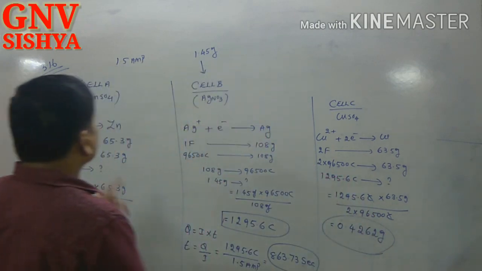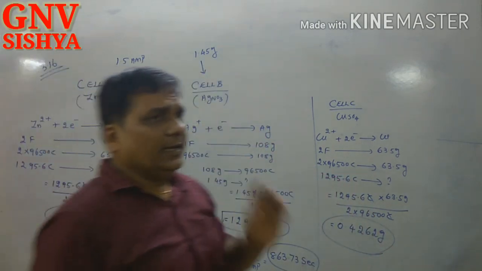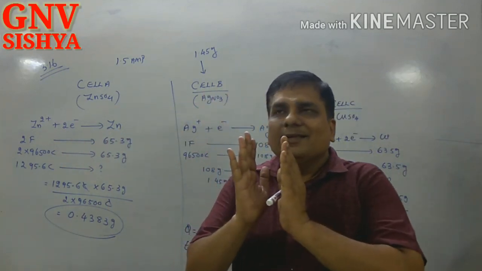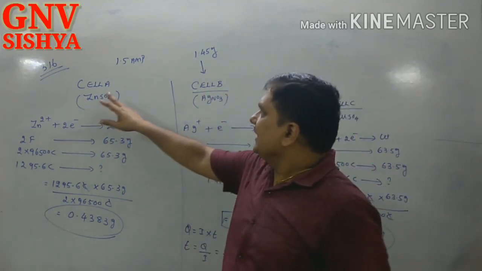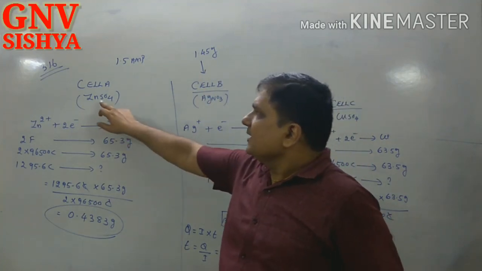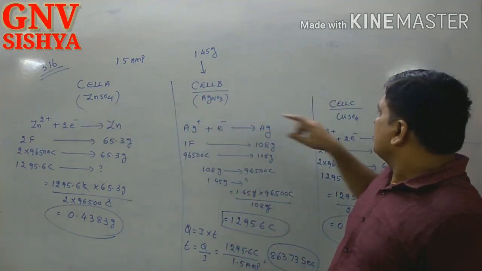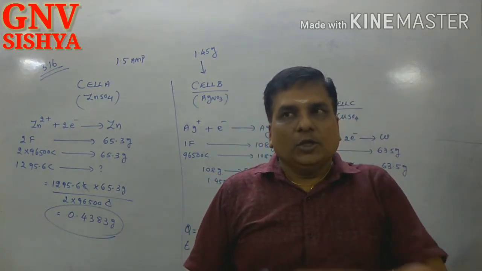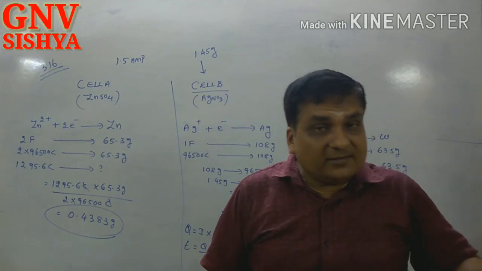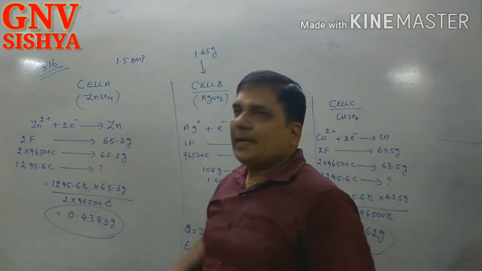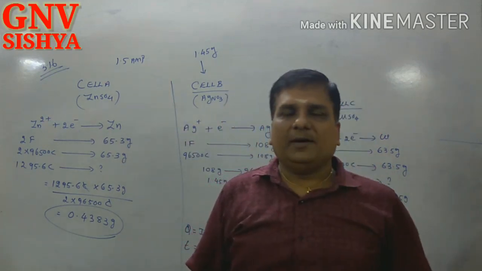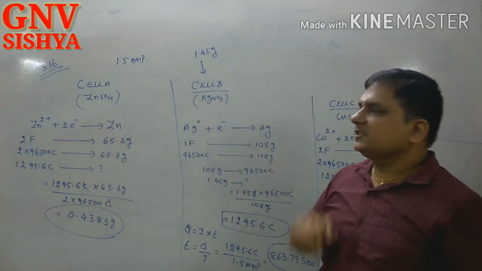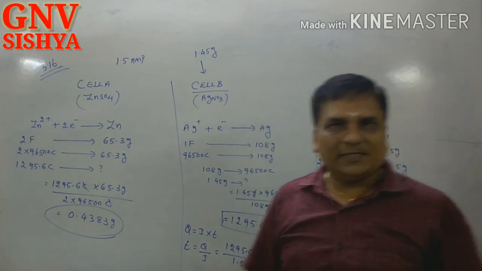Okay, right. Actually, I will tell you the synopsis of this problem 3.16. In 3 cells, cell A, cell B and cell C, there are zinc sulfate solution, silver nitrate solution, and copper sulfate solution. The 3 solutions are connected in series. Through all the electrolytic solutions, a uniform current of 1.5 ampere is passed. Cell A consists of zinc sulfate, cell B of silver nitrate, cell C of copper sulfate.